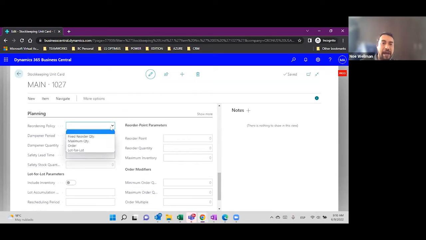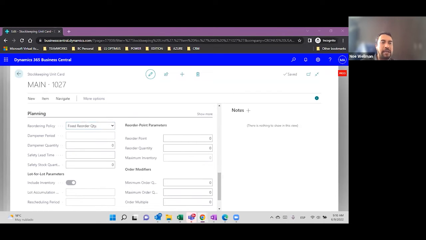For my main warehouse, I would then use the fixed reorder quantity. And what is that? The fixed reorder quantity, or reordering policy, is specified in the stock keeping unit card. This is a configuration where we are going to need two single fields.